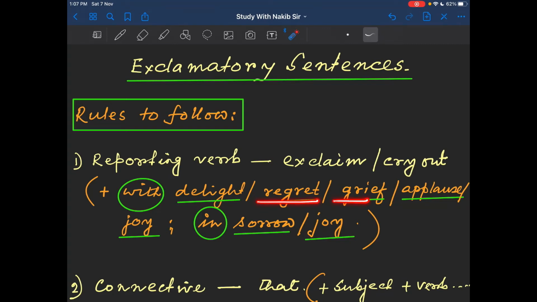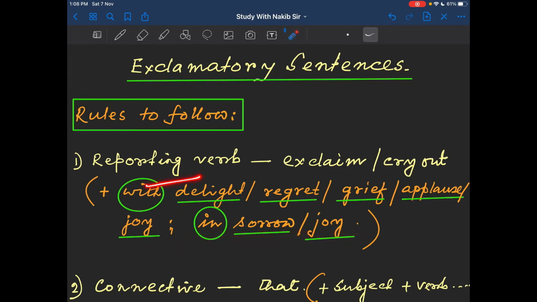If it is applause, saying something good, then use applause or praise. And if it is joy, use joy. See, with delight, with regret, with grief, with applause, with joy. Or you can say it this way, in sorrow or in joy.